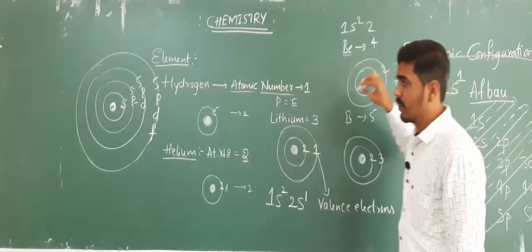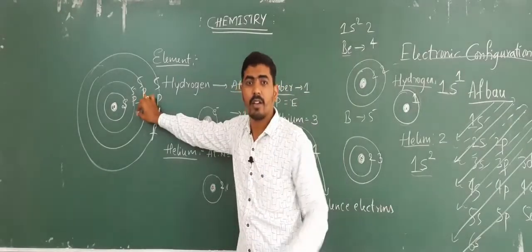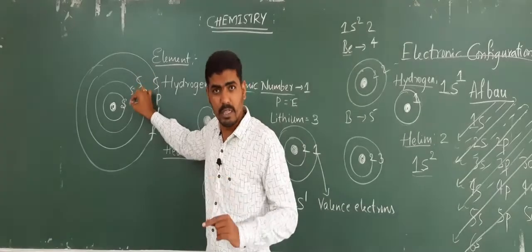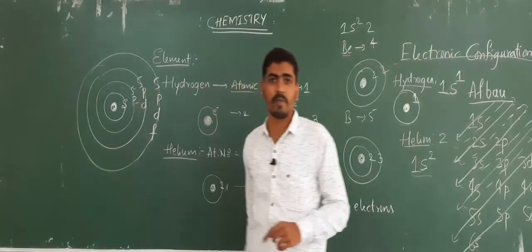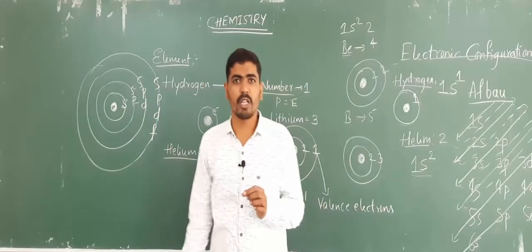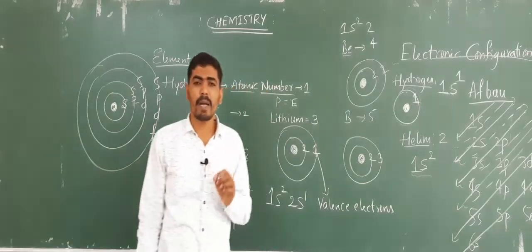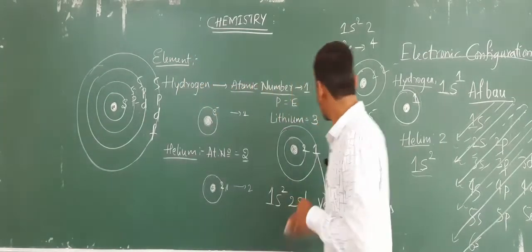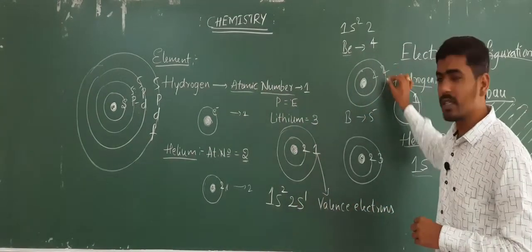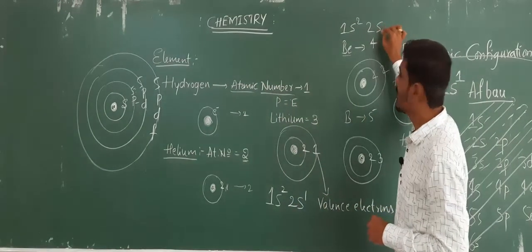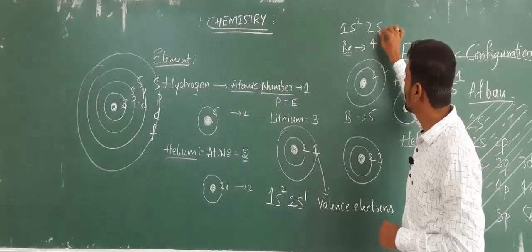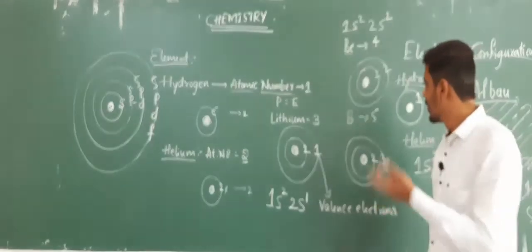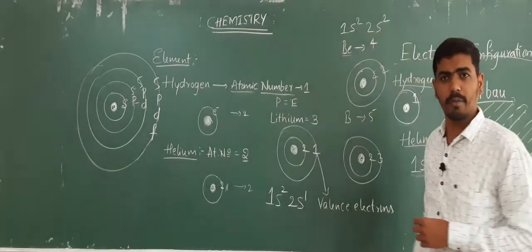Where does it go? Does it move to P now? No. First the S subshell gets filled up, then it goes to P, because the S subshell has the capacity to hold 2 electrons, and hence these 2 electrons are filled in S only, and hence we will write it as 2s2. This is the electronic configuration of beryllium.